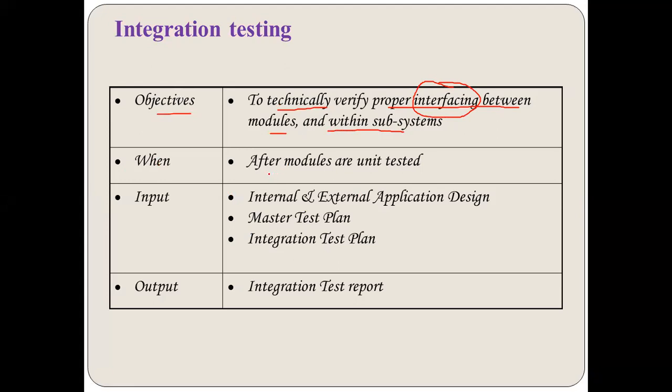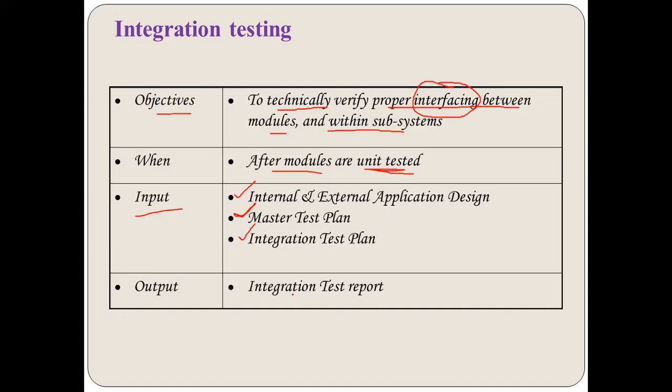When should it be done? It should be done only after the modules are unit tested. Once you are done with the unit testing, then you are going to test the integration part. What are the inputs? The internal and external application design. The master test plan will also always be taken into consideration when you are doing any type of testing, and the integration testing plan.